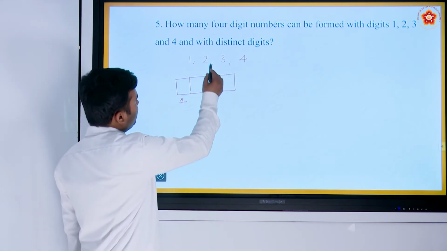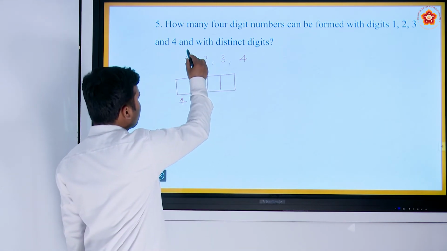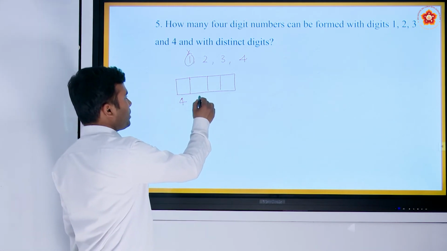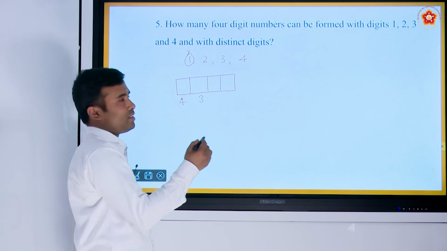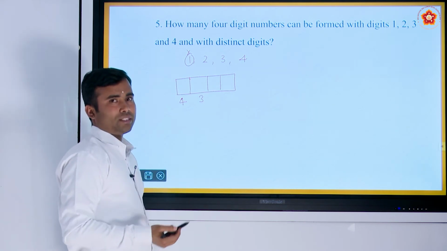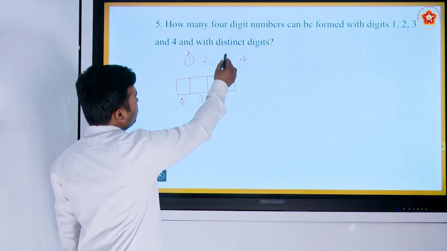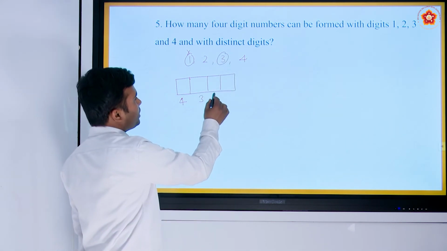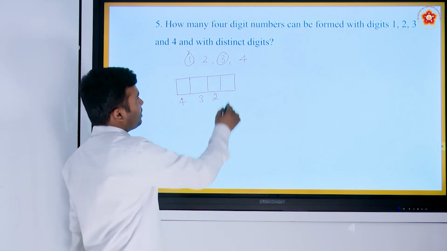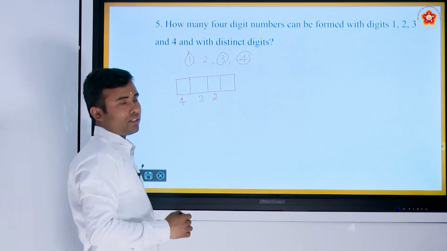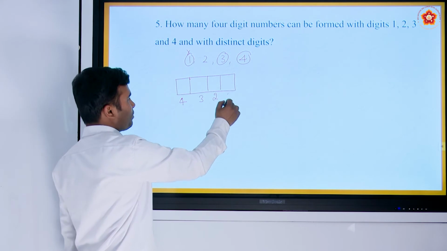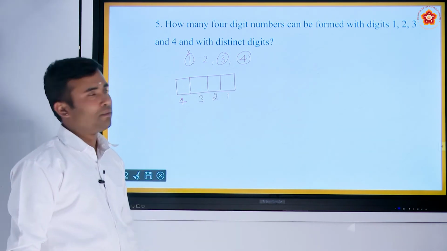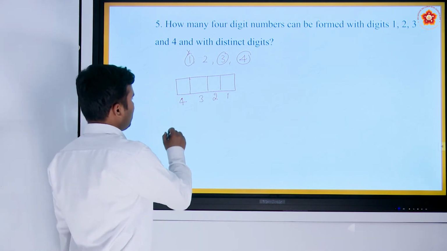And you remove one of the digits and you are left with 3 digits. So the second place will be filled in 3 ways. Similarly, you remove one of the digits, and out of 2 digits you can fill this place in 2 different ways, and you remove one of the digits, and you are left with only one choice in this place.